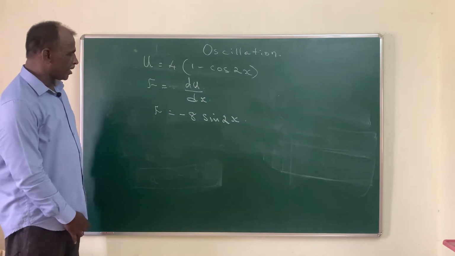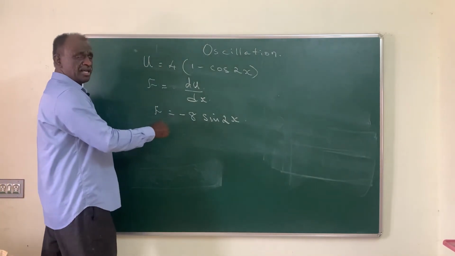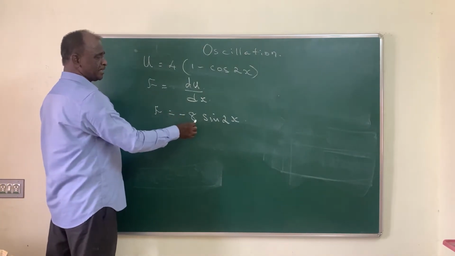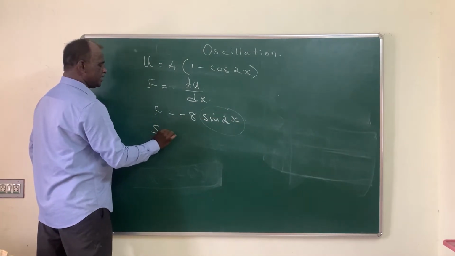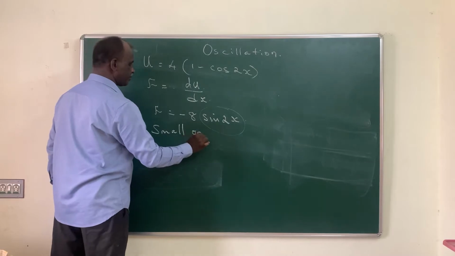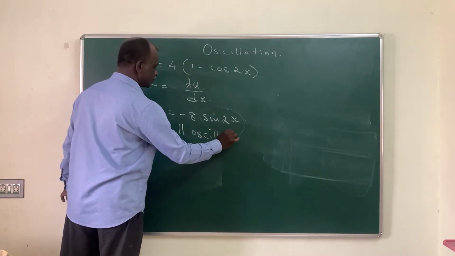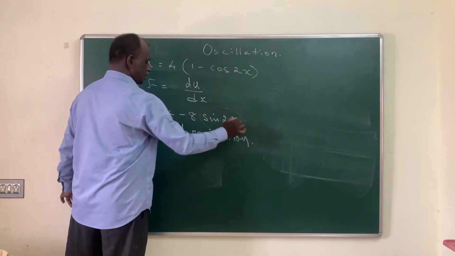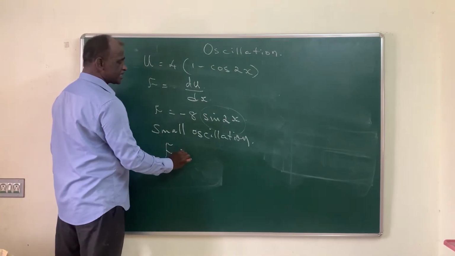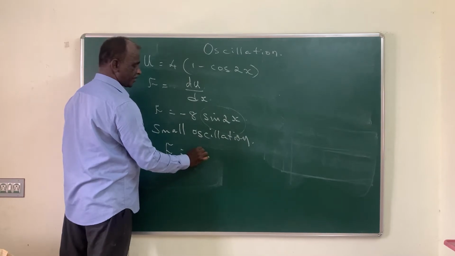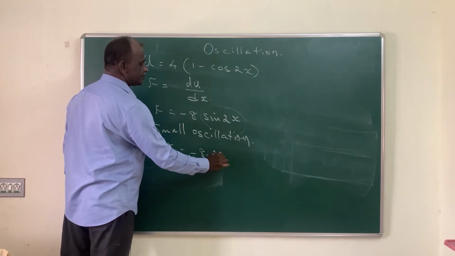Let me assume that the oscillation is small, so sin 2x becomes 2x. For small oscillations, the force can be written as minus 8 into 2x.